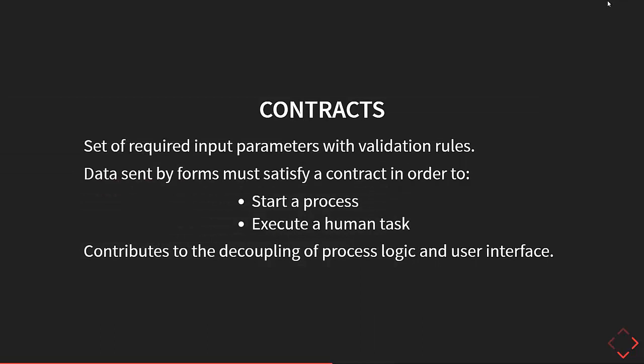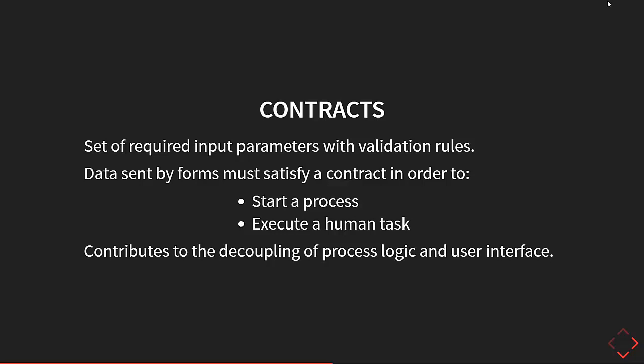When the user submits this form in Bonita, we need to make sure that it matches the expectation of the contract. If it doesn't match, the process will not start or the task will not be executed. So this is a way to protect and secure the execution of the process by defining this contract.